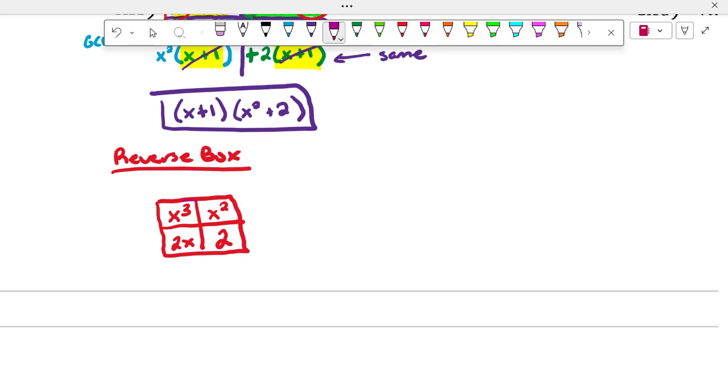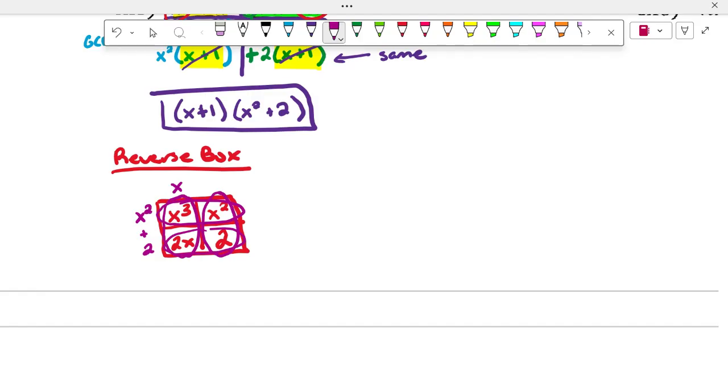All right. Now, we then are going to take the GCF of each row and each column. So what's the GCF of that first row? X squared. What's the GCF of the second row? 2. What's the GCF of this first column? X. What's the GCF of the second column?